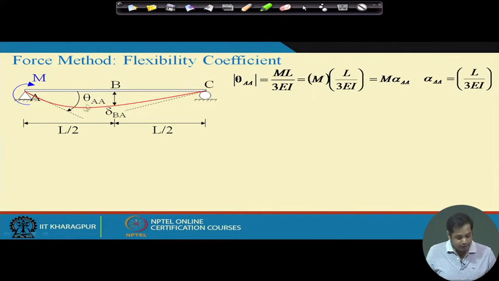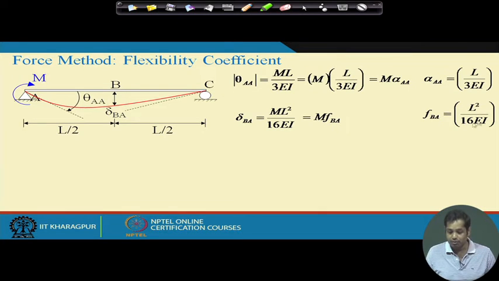Now, similarly for the same problem, what will be delta BA? Again we can find the deflection at the midspan, and if you do that, then delta BA will be ML square by 16EI. And again it can be written as M into FBA, where FBA is equal to L square by 16EI. And what is FBA?